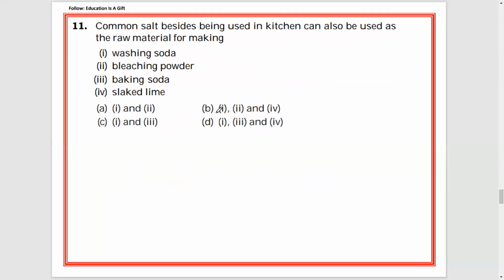Next, number 11. Common salt, besides being used in kitchen, can also be used as the raw material for making what? So common salt, NaCl, is used to make what? In the textbook we have seen that concept, and it is used for making a large variety of chemicals. For example, it is used to make sodium hydroxide and washing soda.